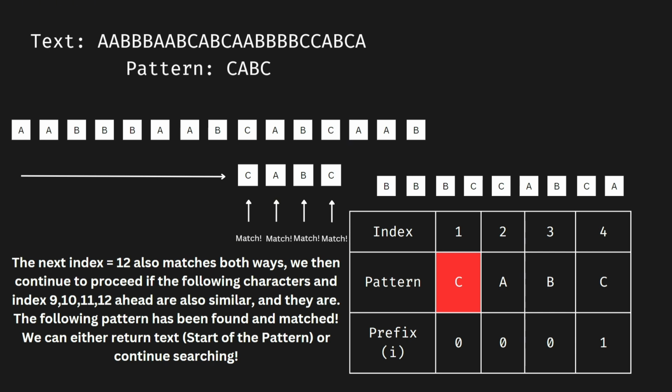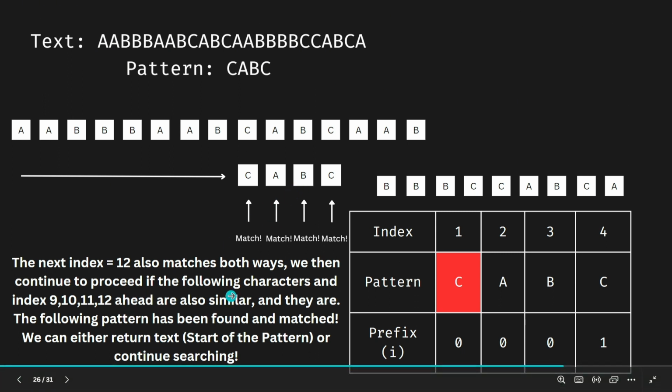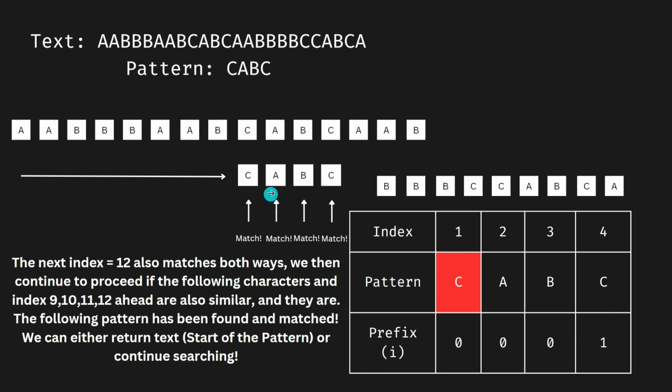We have finally found our first match in this substring, which is at indexes 9, 10, 11, 12. As you can see, we can either return the text, go back to the start of the pattern, or continue searching. We're going to continue searching because at the end, there's another potential match we can go up to.